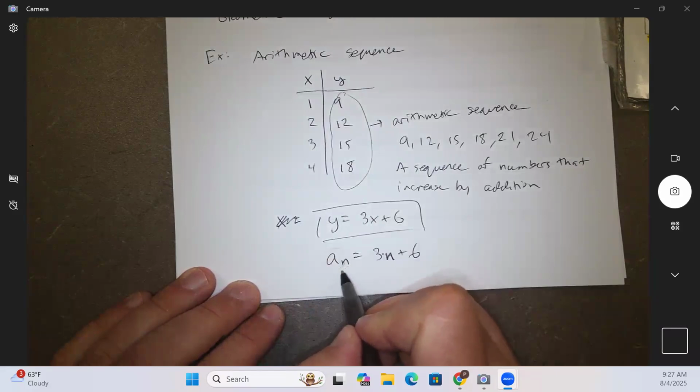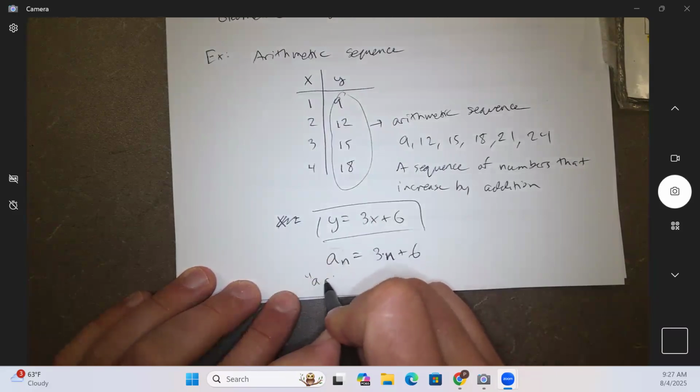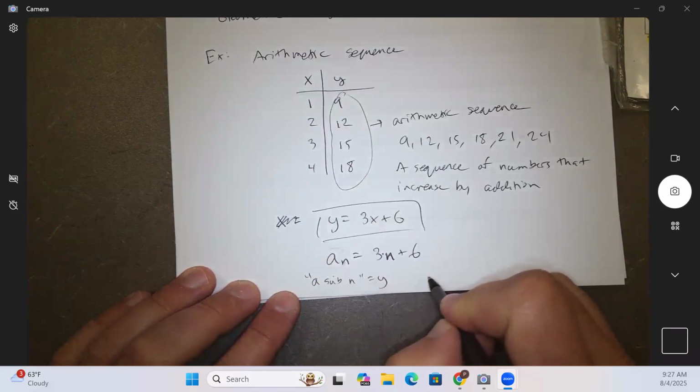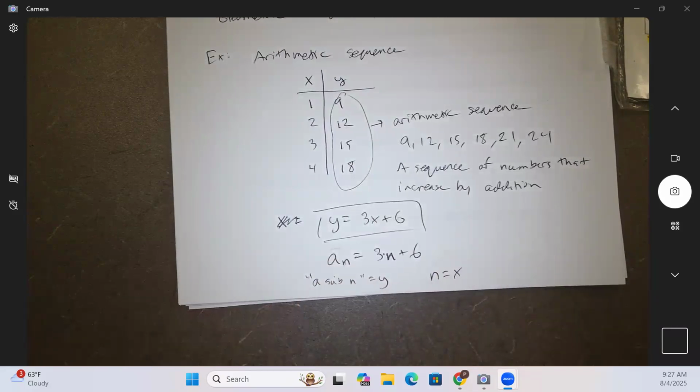Where now a sub n is the y, and the n is the x, but there's no other difference. It's just a linear function where instead of calling it x, we call it n. And instead of calling it y, we call it a sub n.